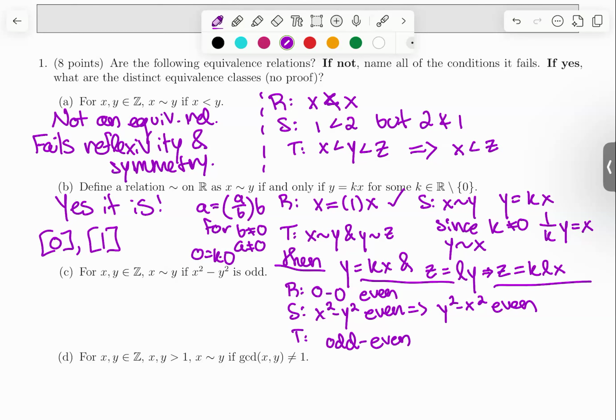But then you would need, so like this is your x squared, this is your y squared, this is your y squared, this is your z squared, right? Then x squared minus z squared is going to be even because it's going to be odd minus odd.